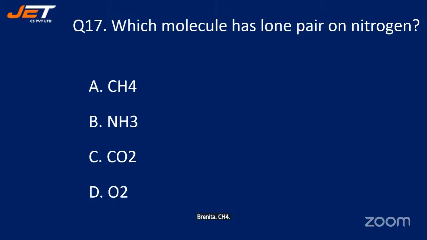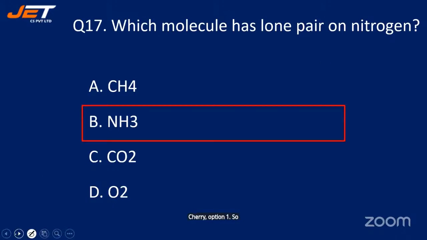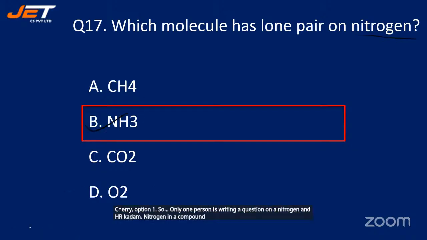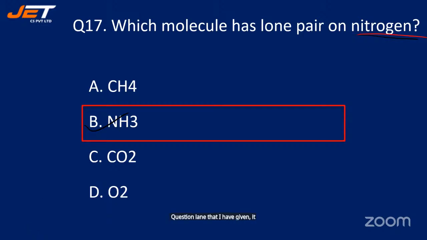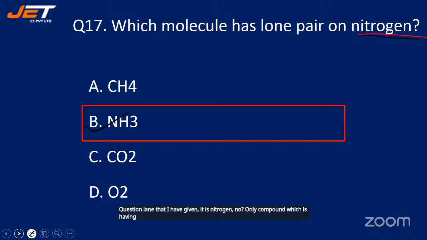Cherry, option 1. So only 1% is right. ఇక్కడ క్వశ్చన్లోనే నైట్రోజన్ అని ఇచ్చారు కదమ్మా. నైట్రోజన్ ఉన్న కాంపౌండ్ ఏంటి? అందులో మీకు కన్ఫ్యూజన్ ఏముంది? క్వశ్చన్లోనే దే హ్యావ్ గివెన్ ఇట్ ఇస్ నైట్రోజన్. నో, ఓన్లీ కాంపౌండ్ విచ్ ఇస్ హ్యావింగ్ దిస్, an LKG క్వశ్చన్.